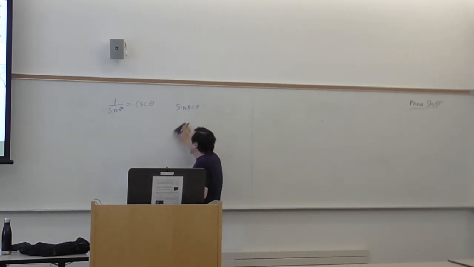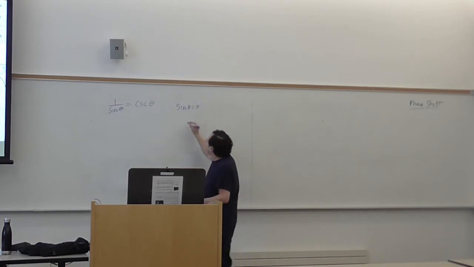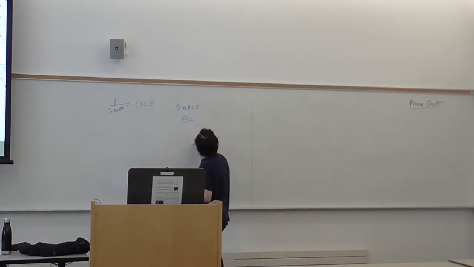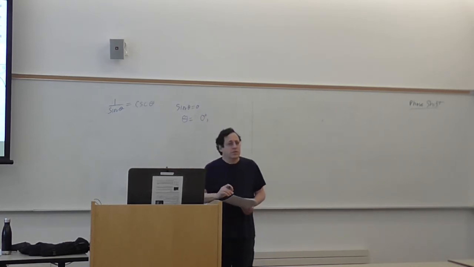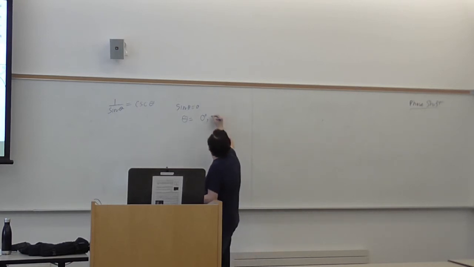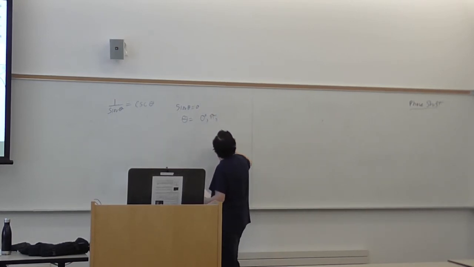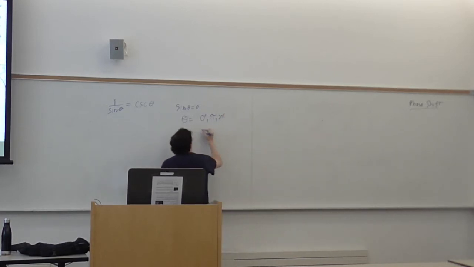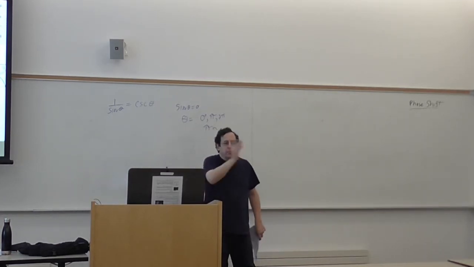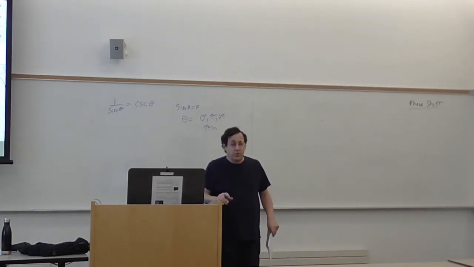Sine of theta is 0, theta equals what? 0. Good. Anywhere else? 2 pi. Yeah, it's just pi n. Okay. Every pi in both directions. That's where the asymptotes are.